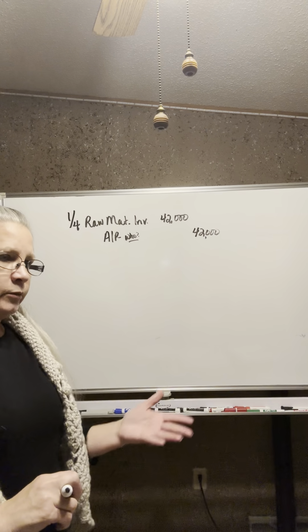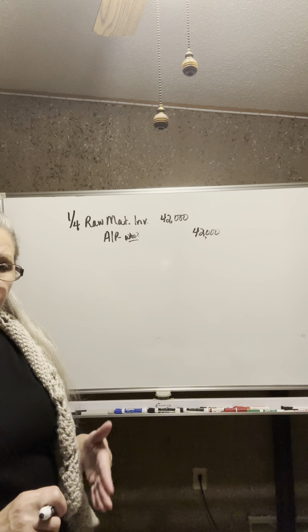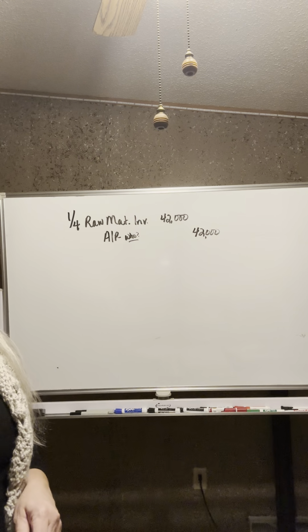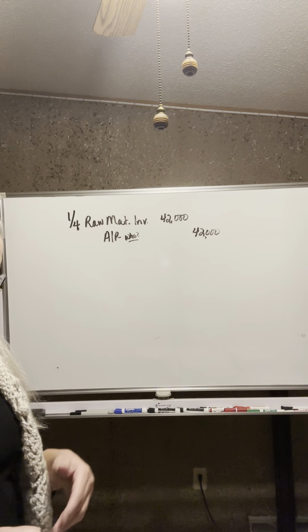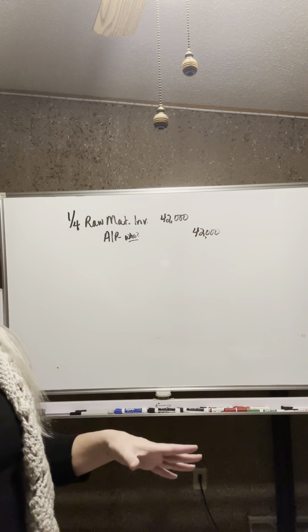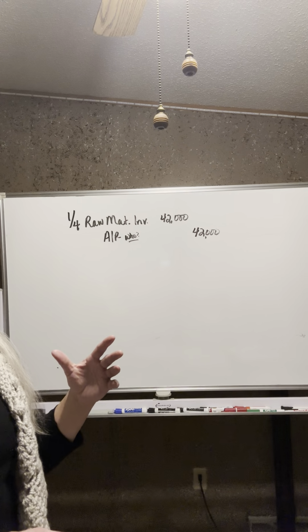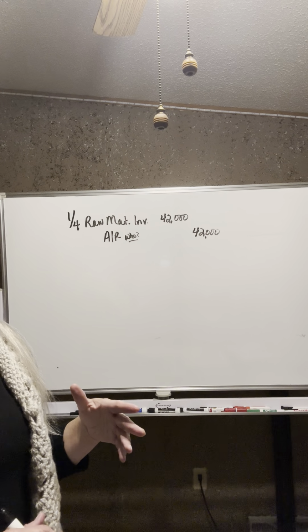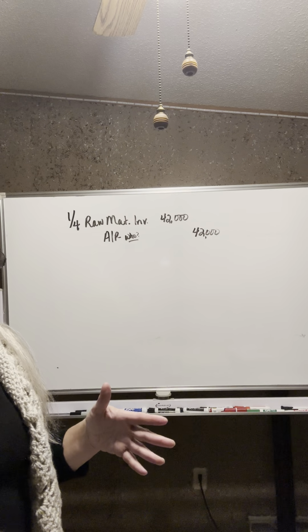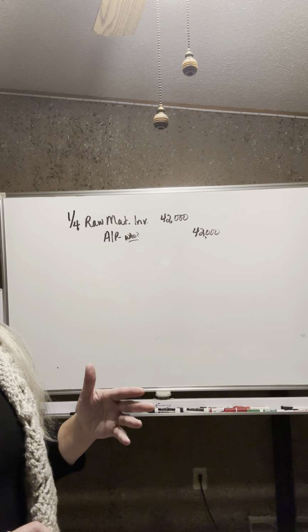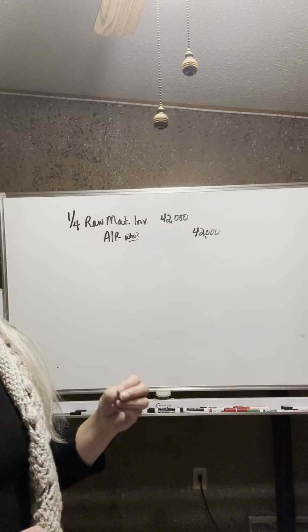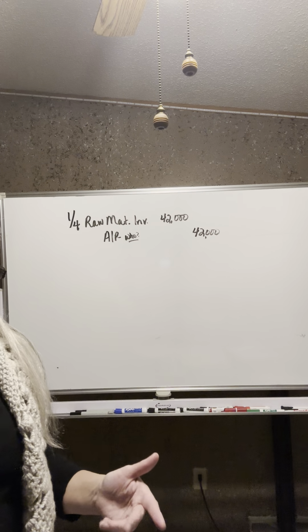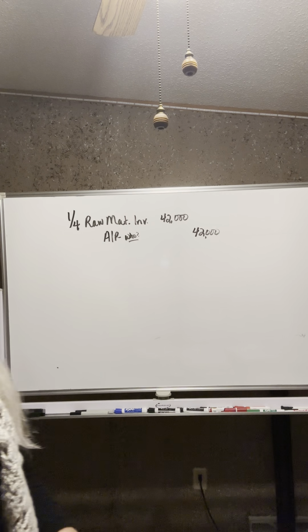Now these raw materials will go into a stockroom or storeroom, and then they'll be requisitioned out and put into the process as direct costs or indirect costs, and we'll talk about the difference here in a little bit.